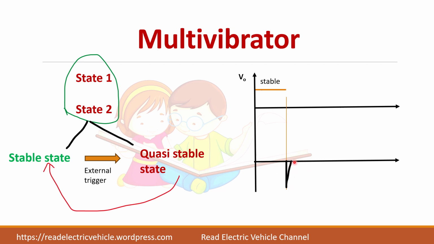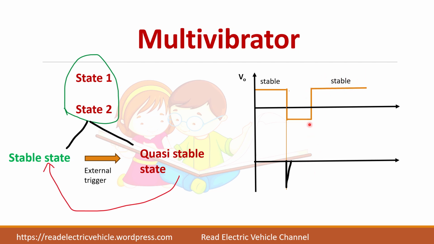If I apply the negative pulse, this external trigger, the output changes from high to low and it remains in the low for a short period. So this is the quasi-stable state. It appears to be stable, but after some time it automatically goes up again. So it goes to the stable state again.